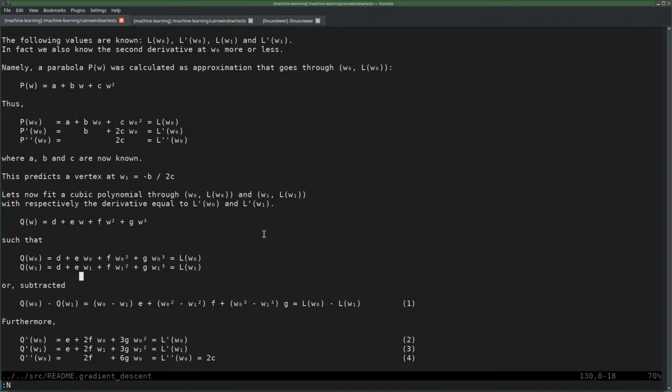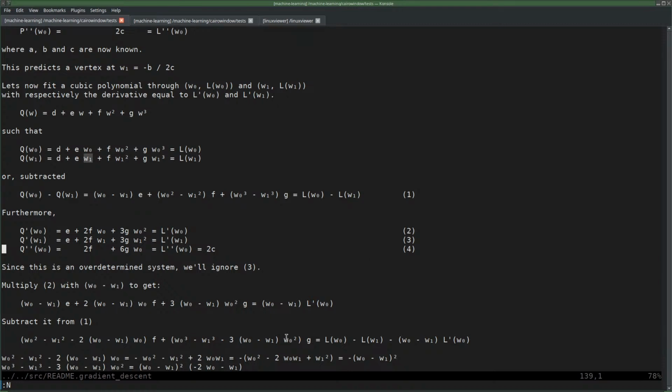That must be equal, and then we can subtract, and we get this minus that on this side, and on the other side we get W0 minus W1 times E. The D is just D minus D, so you won't see that anymore here. W0 squared minus W1 squared times F plus W0 to the power 3 minus W1 to the power 3 times G is L of W0 minus L of W1. I mean, that really looks correct to me.